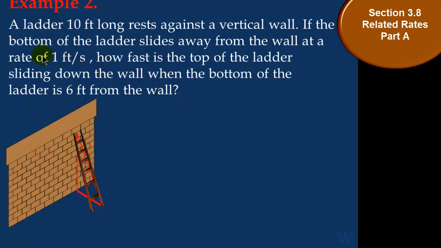Example 2. A ladder 10 feet long rests against a vertical wall. If the bottom of the ladder slides away from the wall at a rate of 1 foot per second, how fast is the top of the ladder sliding down on the wall when the bottom of the ladder is 6 feet away from the wall?